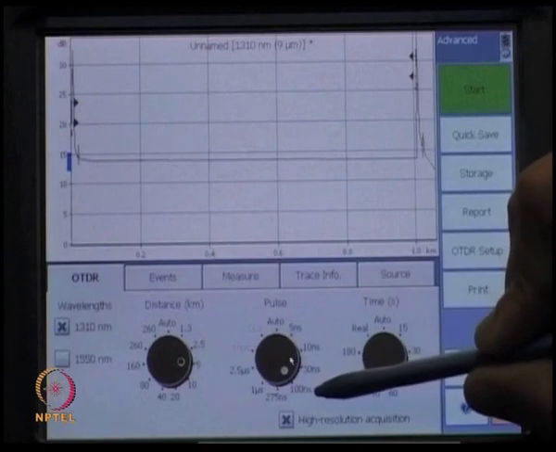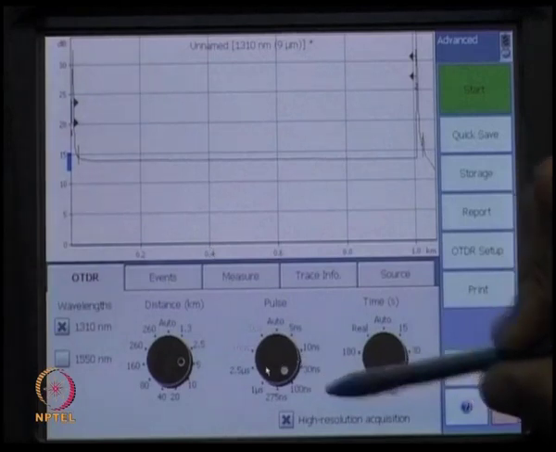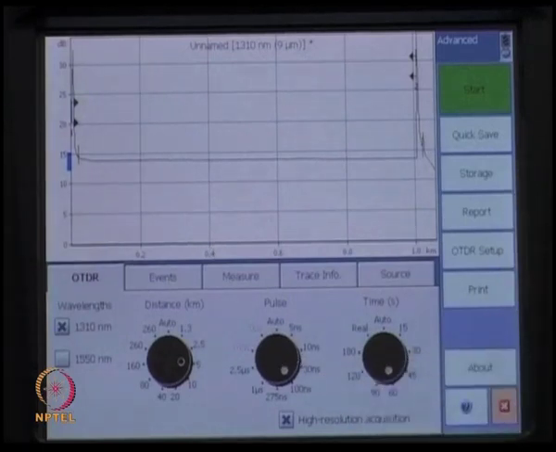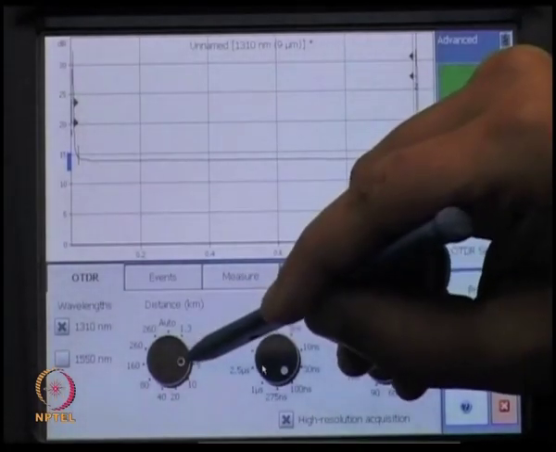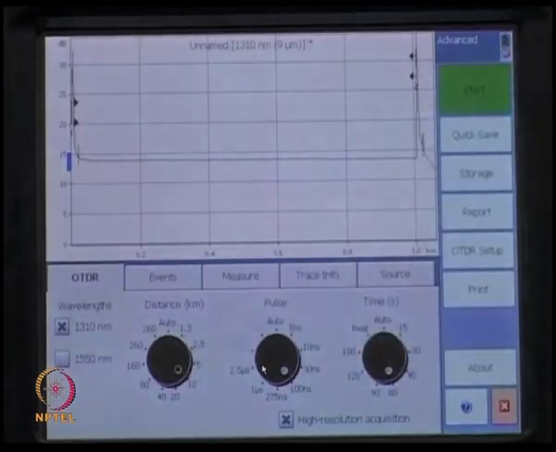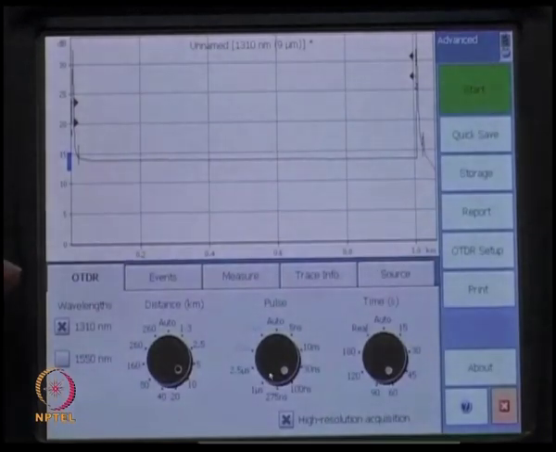You can set the pulse width, which essentially decides the resolution of the faults on optical fiber. That shows the acquisition time. You have chosen the time to be 60 seconds.